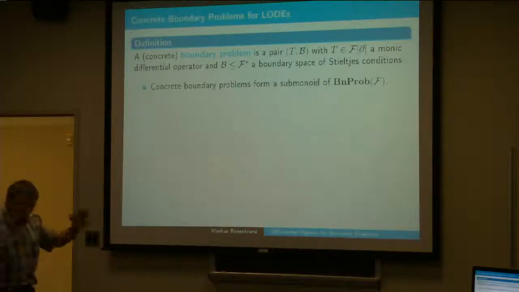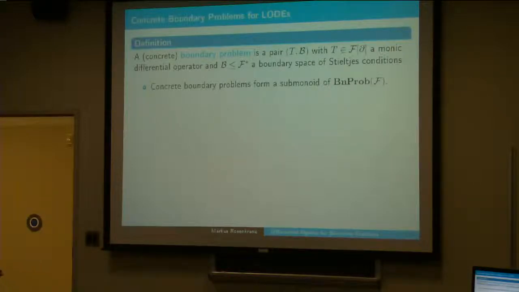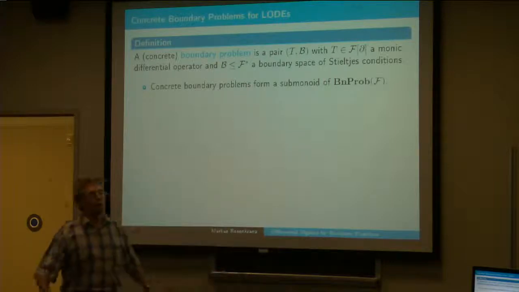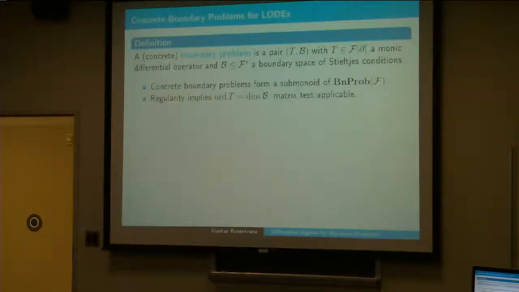In that setting, I can do computations. I can do everything algorithmically. So that's what I call concrete boundary problems. And again, they form a submonoid, which is very natural, because whenever you multiply something which is described within this language, then what comes out is again described in this language.